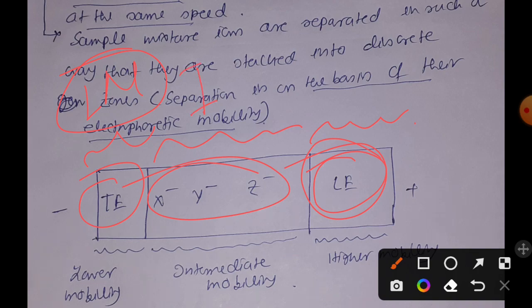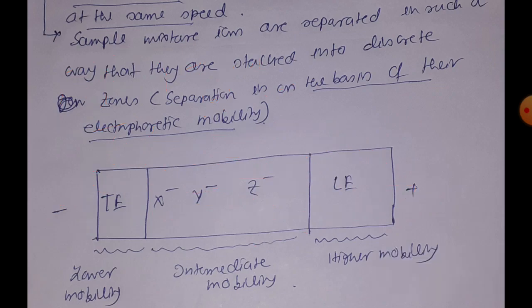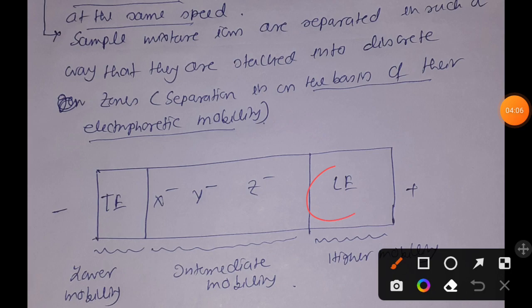When, after attaching the electrodes in the appropriate direction, we switch on, an electrical field is generated, and under its influence the leading electrolyte will first migrate towards its electrode. It will be followed by our sample, and the mixture will migrate at the same speed depending on electrophoretic mobility.